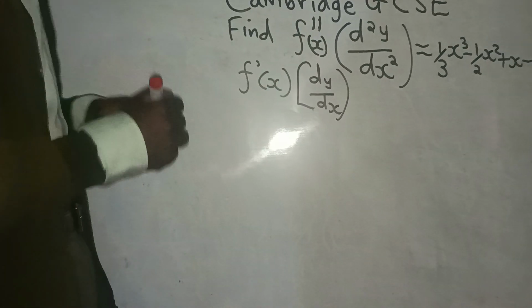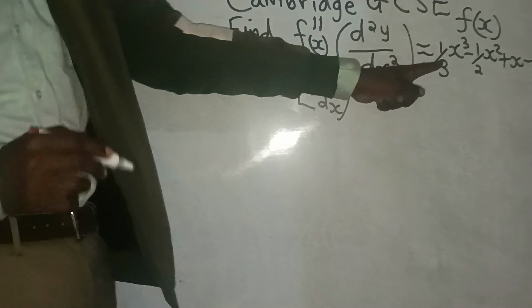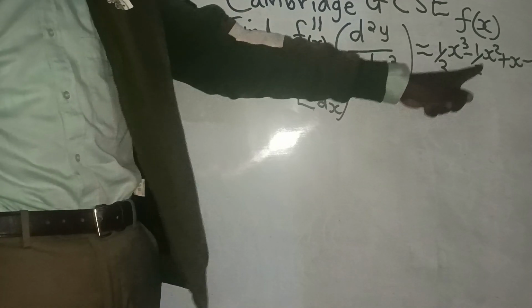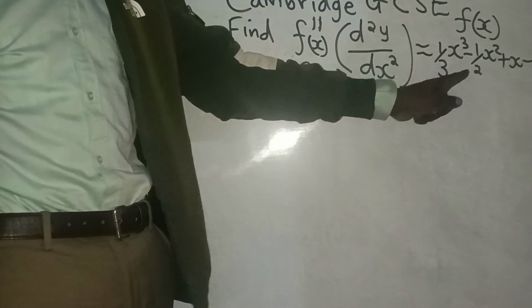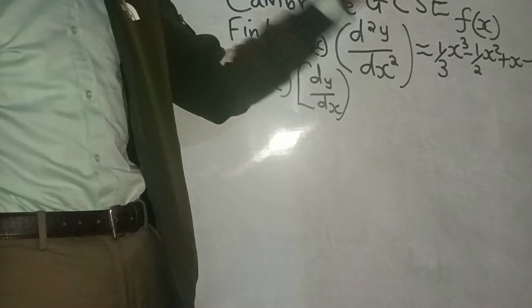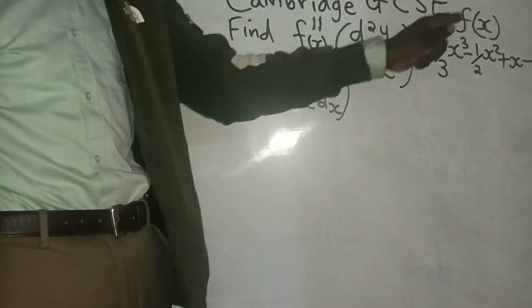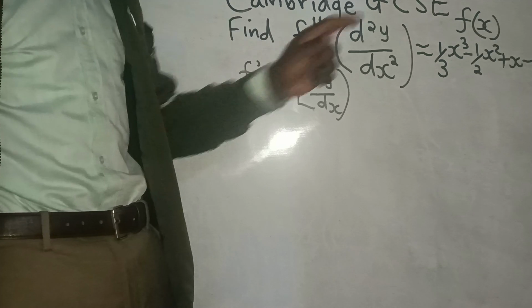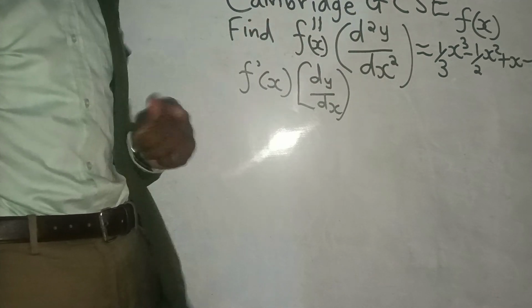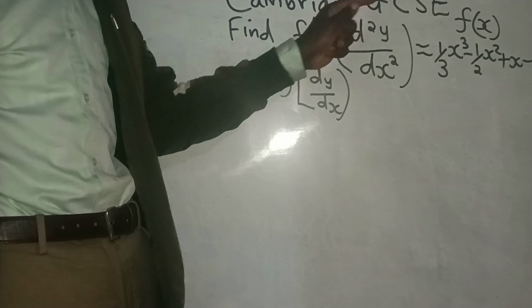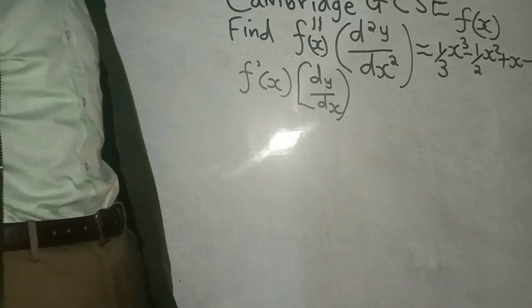So we have been given the equation of fx as a third x cubic less a half x squared plus x minus 6. So this is fx, the equation or the function of f in form of x. We are supposed to get f2 prime with respect to change in x, or the d2y over dx2.